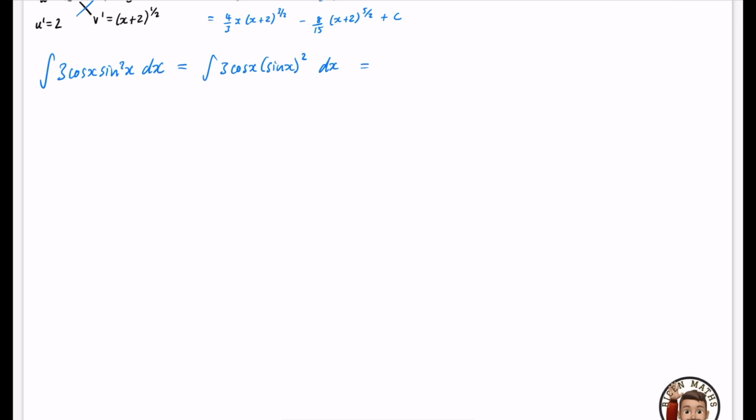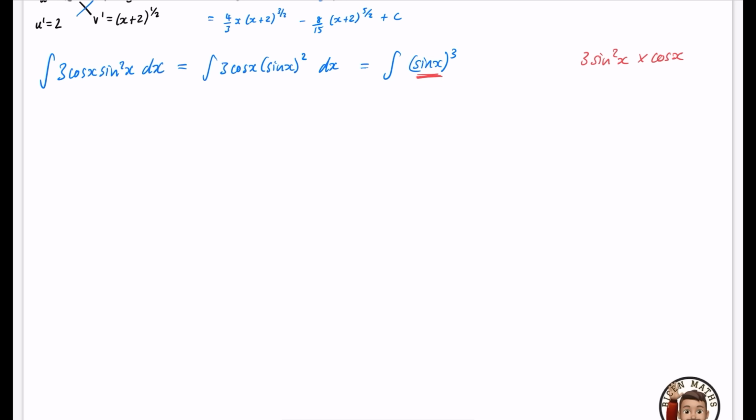It looks like it is going to be something to do with sine x all cubed, because when you differentiate sine x all cubed, you pull the power down, reduce the power by 1, and then multiply by the derivative of the inside part from the chain rule, which is cos x. And that's exactly the thing that we wanted it to differentiate to.